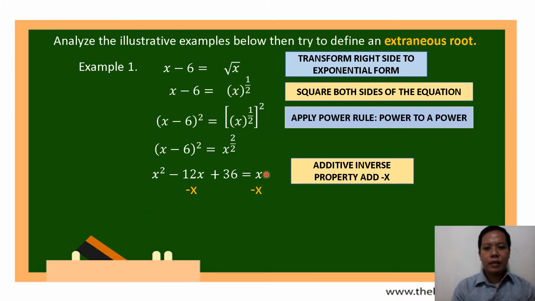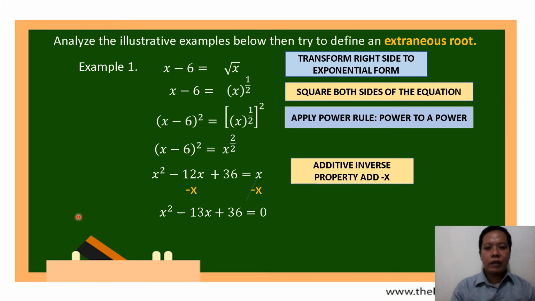When we add x to negative x, the result is 0, and that property is what we call the additive inverse property. The right side of the equation will be 0. Adding negative 12x to negative x, the result is negative 13x. So our equation on the left will be x squared minus 13x plus 36 is equal to 0.